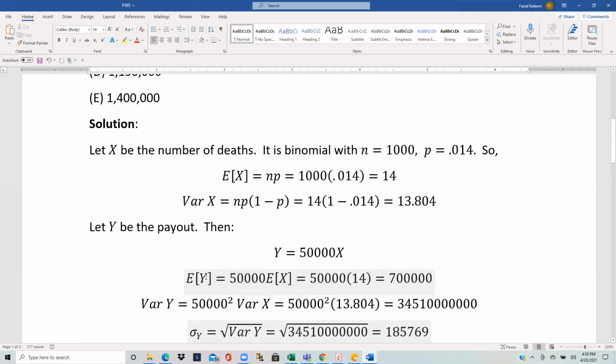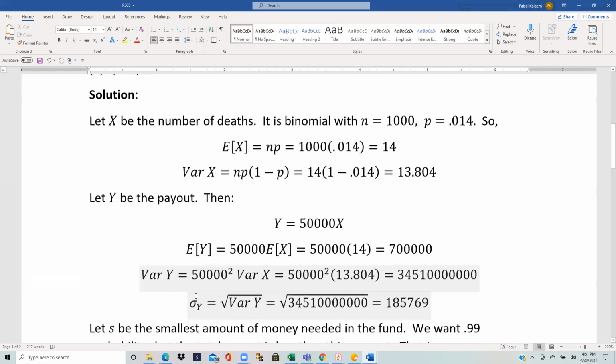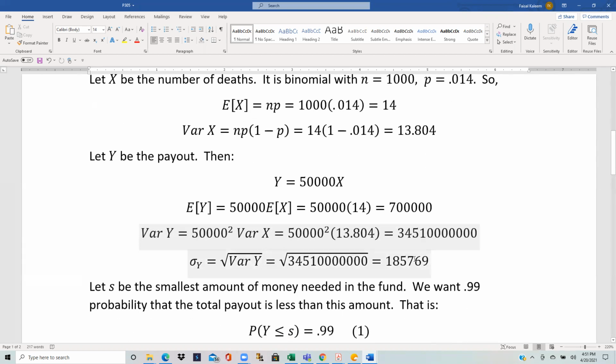So that's the mean of Y. The variance of Y, again by central limit theorem, will be 50,000 squared times variance of X, equals 50,000 squared times 13.804, equals 3451 with a bunch of zeros. And the standard deviation will be the square root of variance, so that's 185,769.